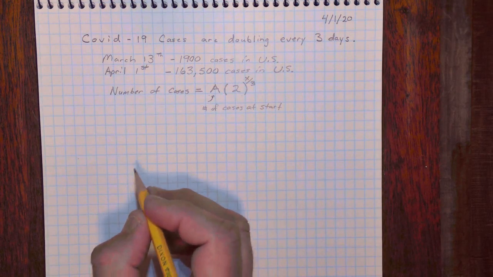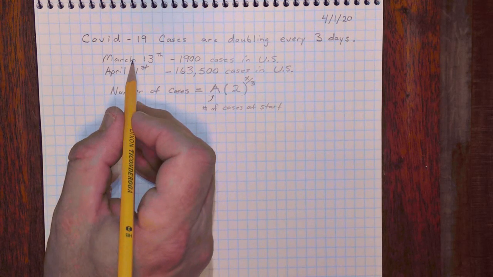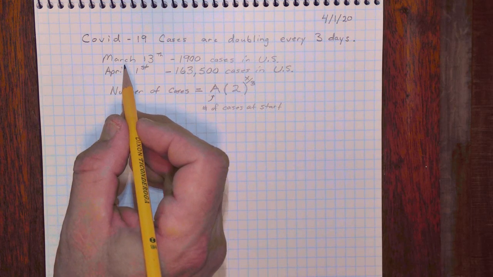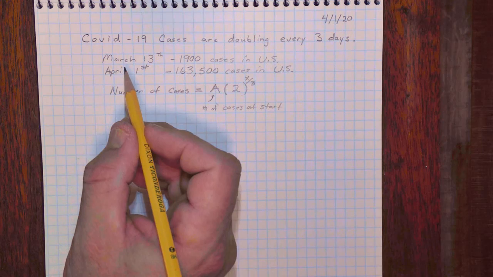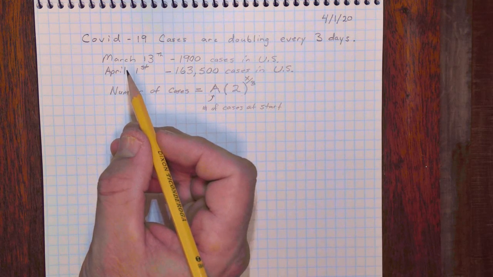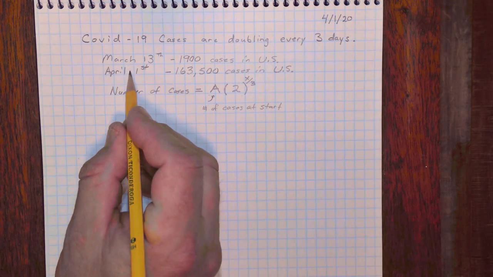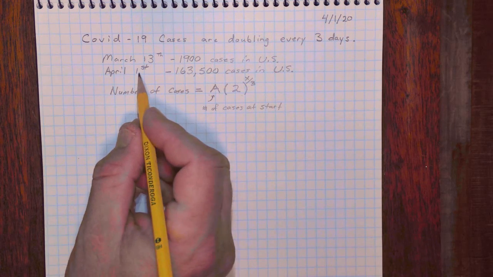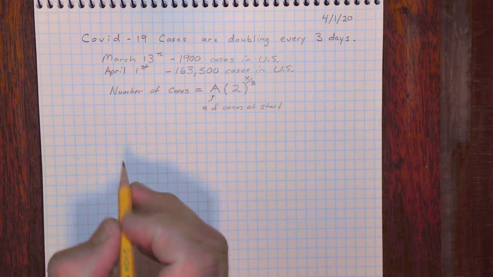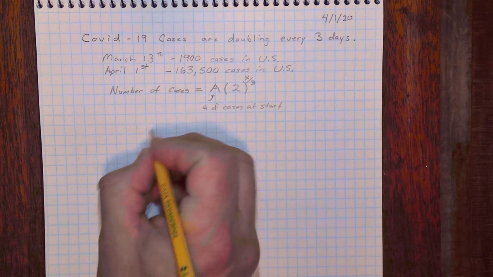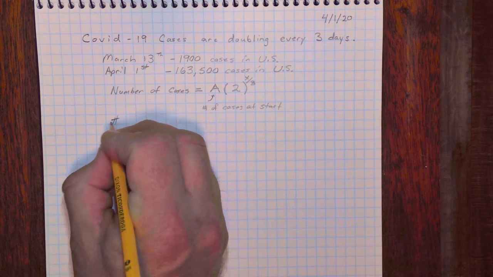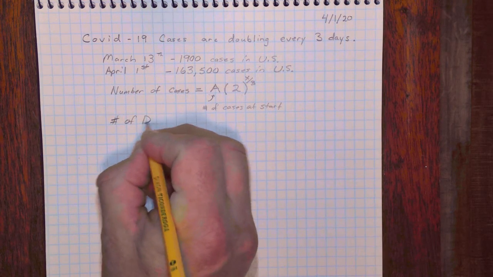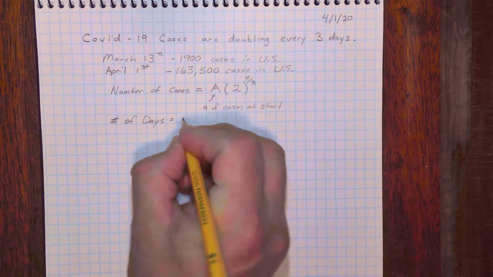Okay, so the time difference between March 13th and April 1st is 18 days. So number of days is equal to 18.